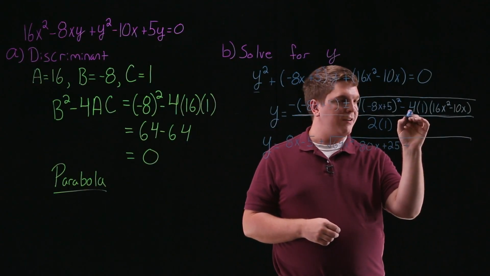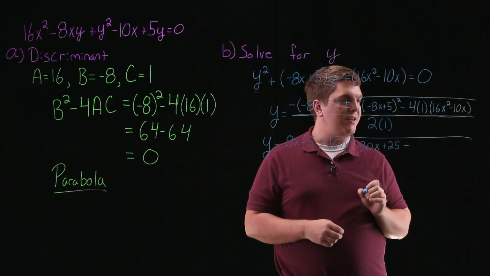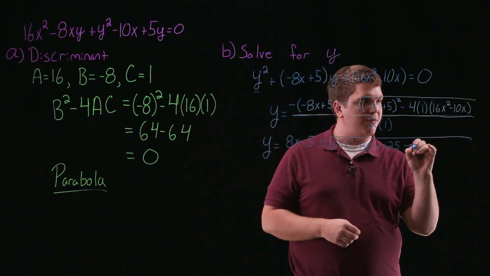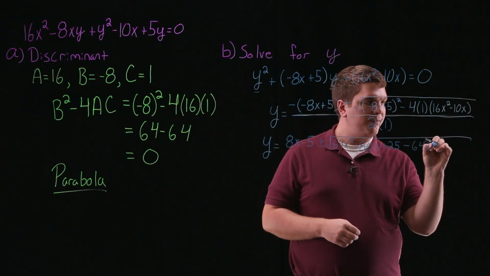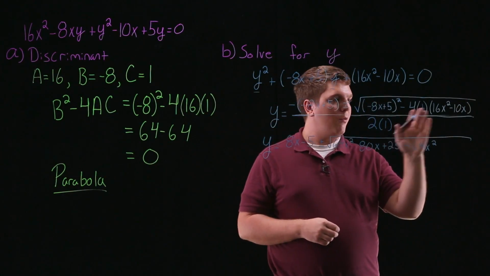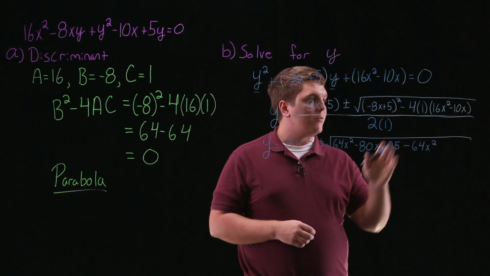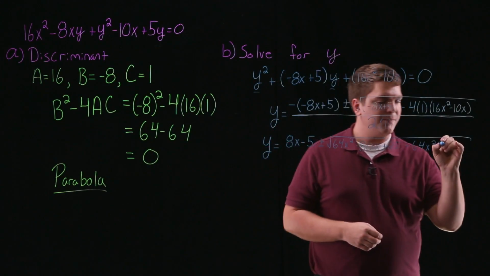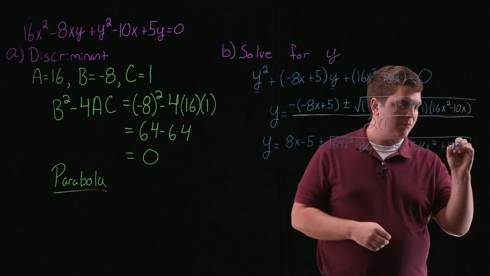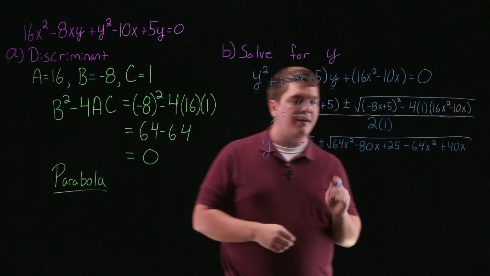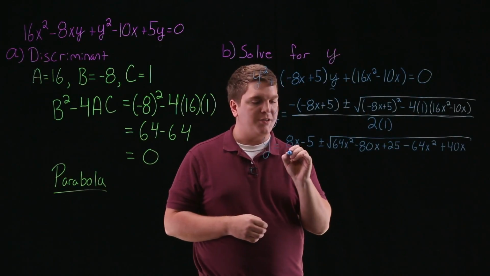And here we're subtracting 4 times 16x squared, so subtracting a 64x squared. And we're subtracting 4 times negative 10x, so we're going to be adding 40x. And again, this is all going to be divided by 2.